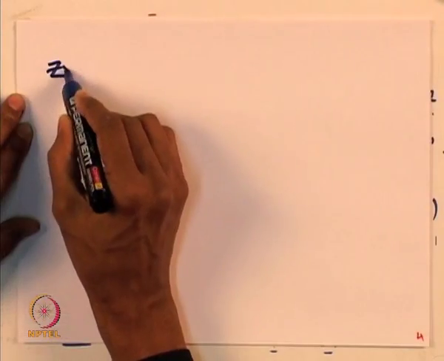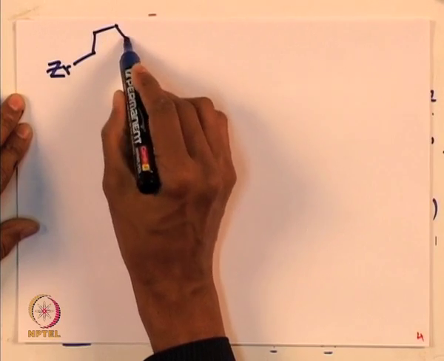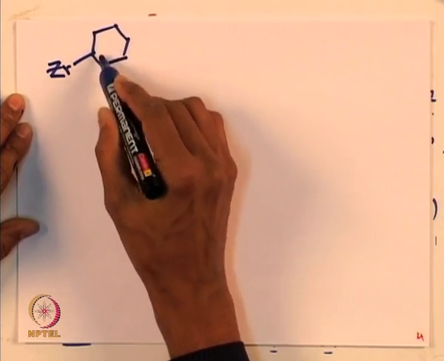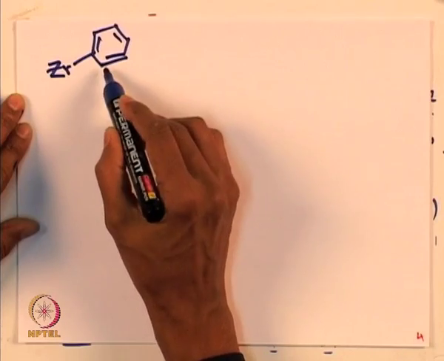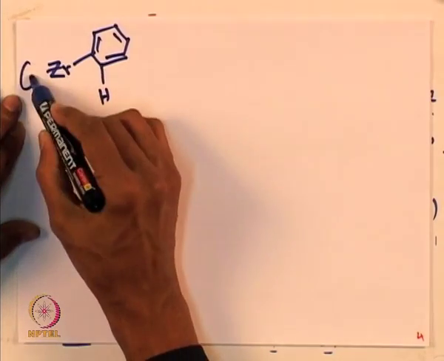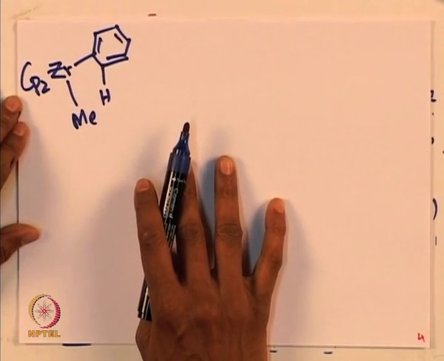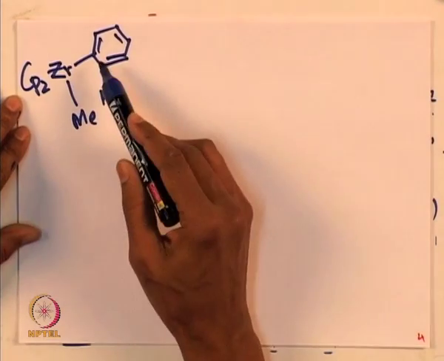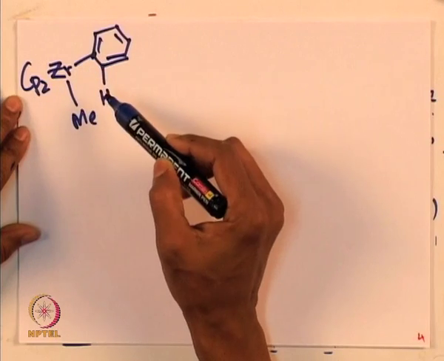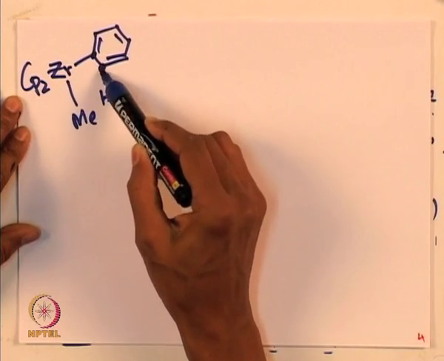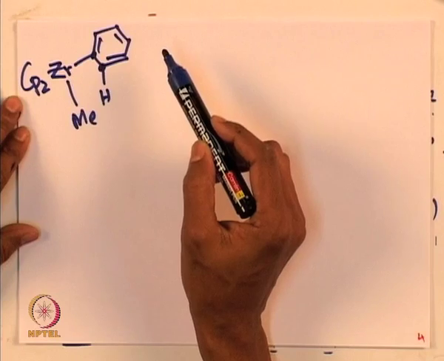This is a zirconium complex, an Sp2 zirconium complex along with the methyl group. Now you see alpha hydrogen is not present, this is the beta hydrogen, so beta hydrogen is present.